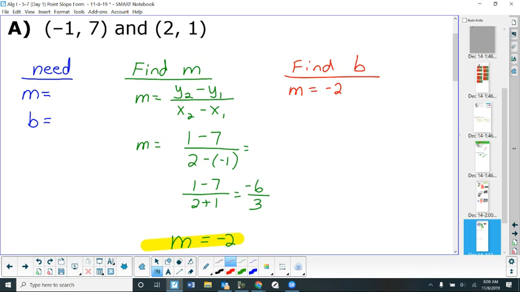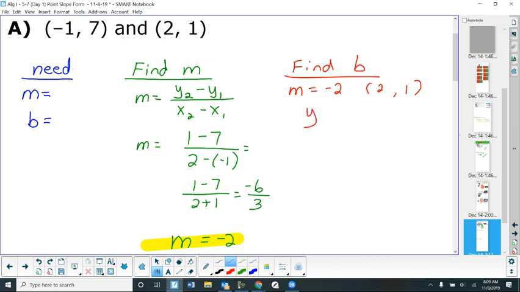It doesn't matter which one you pick. I'm going to pick the one that I think is easier to work with. Jake, which one do you think is easier, -1, 7 or 2, 1? 2, 1, because there's no negative. So work smarter, not harder. Pick 2, 1. Very good.